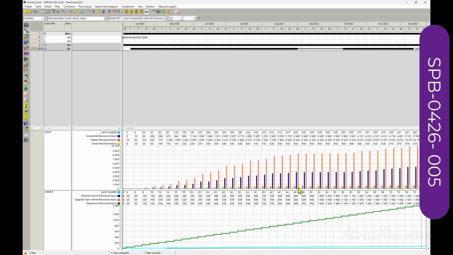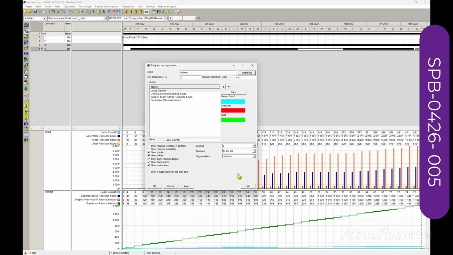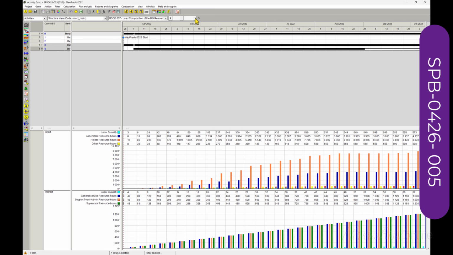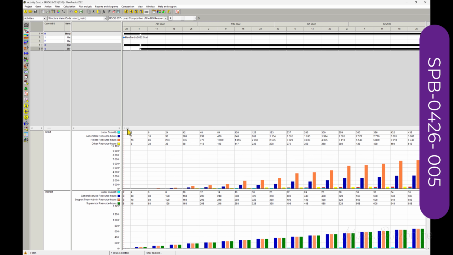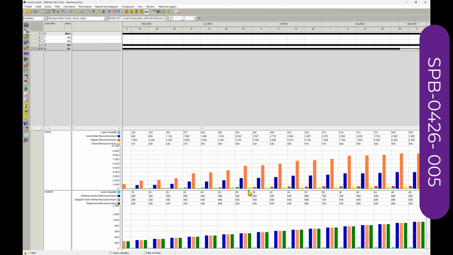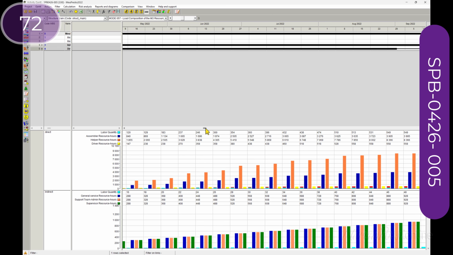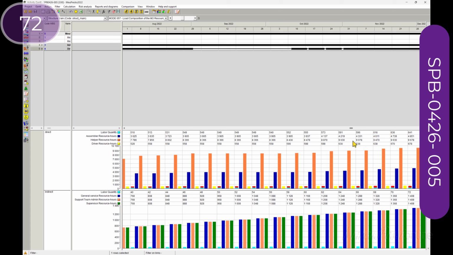There is a red area here. Settings, columns. Okay, I'll expand it, and I will roll it. There is a red here. Means hours. Okay, it's not units, just hours. You must understand what is happening here.